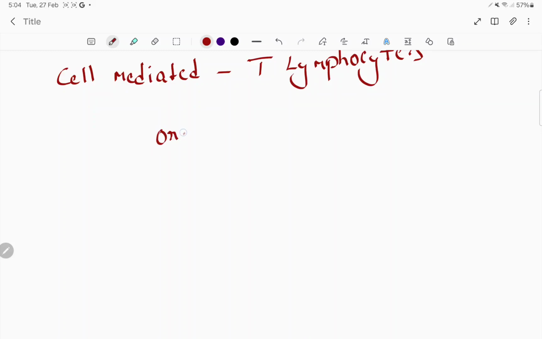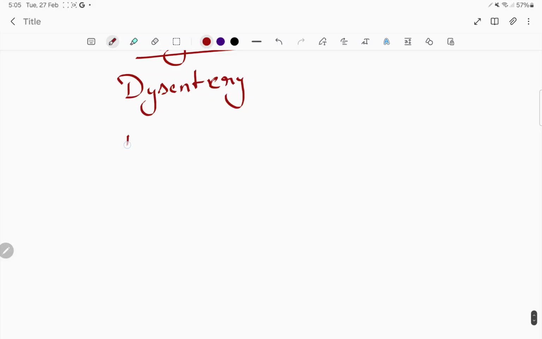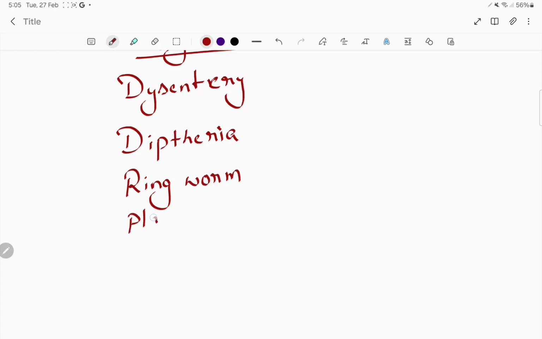First thing is organism, and the second one is disease: dysentery, diphtheria, ringworm, plague, pneumonia.